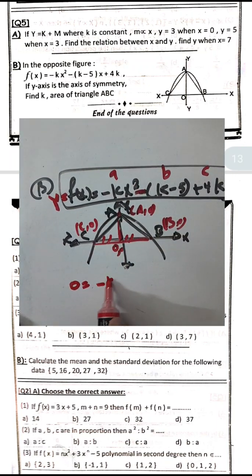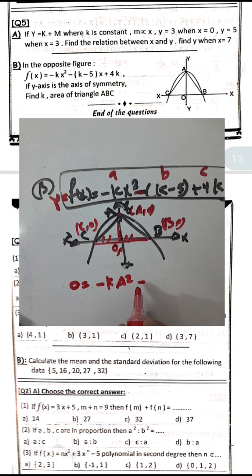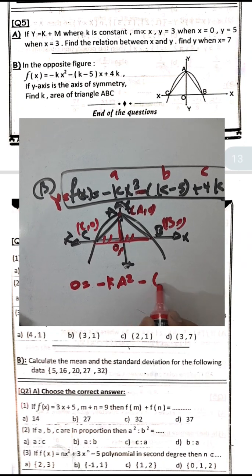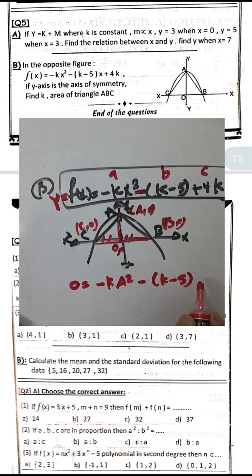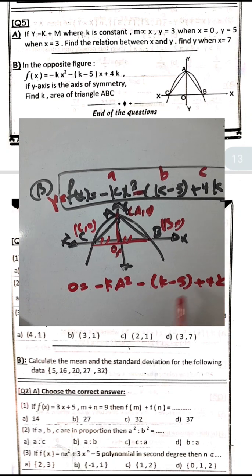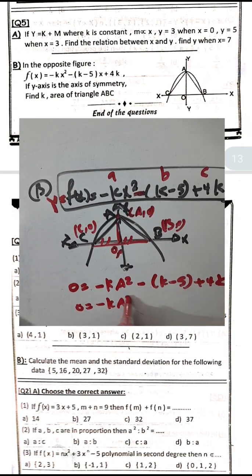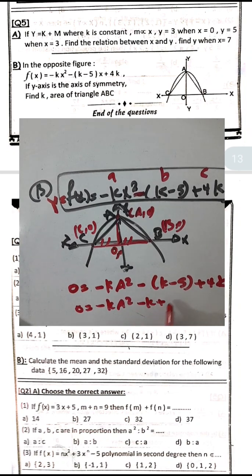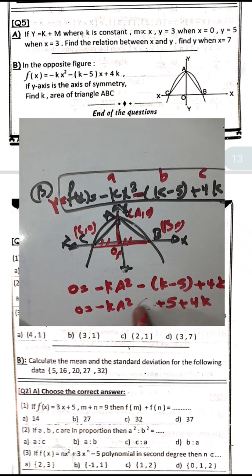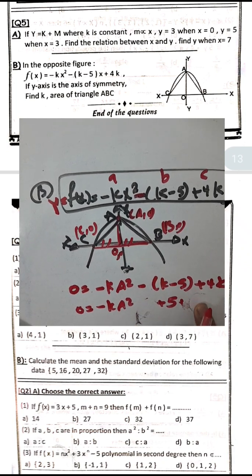The result will be negative k a power 2 subtract (k minus 5) plus 4k, and then 0 equals negative k a power 2 negative k plus 5 plus 4k, and negative k plus 4k will be 3k.